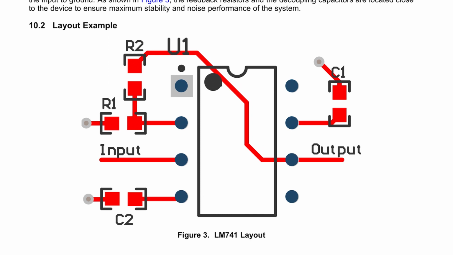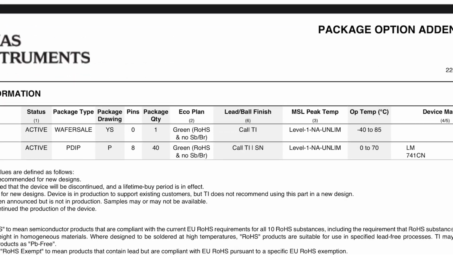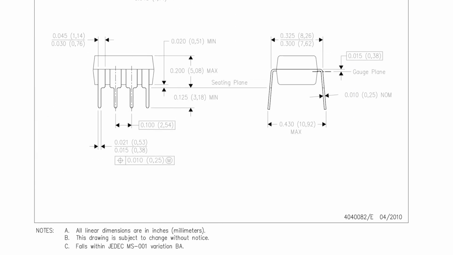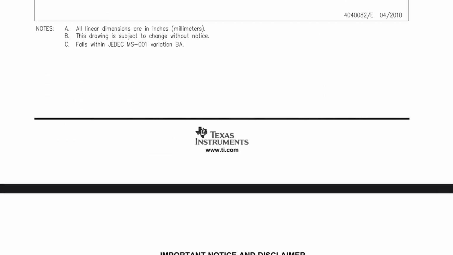Once you have an example PCB layout, you can put this amplifier on top there. And there are mechanical specifications of the amplifier, showing how it is going to look, so that you know how to mount this amplifier on a PCB.